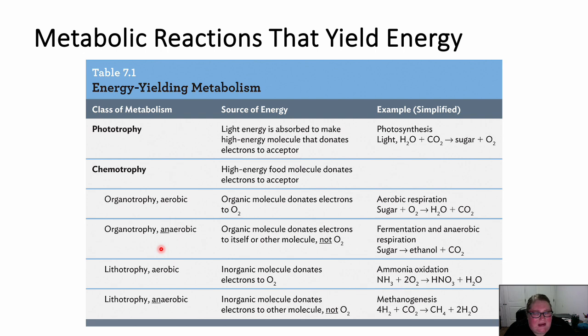Now, with lithotrophy, there's a really interesting thing that happens, especially to farmers. Lithotrophy comes to the forefront a lot when farmers overuse nitrogen fertilizer, like when they spread too much manure or use too much synthetic fertilizer. Those nitrogen containing fertilizers contain ammonia. The lithotrophs in the soil take this ammonia, now in abundance, and start converting it to nitrates.